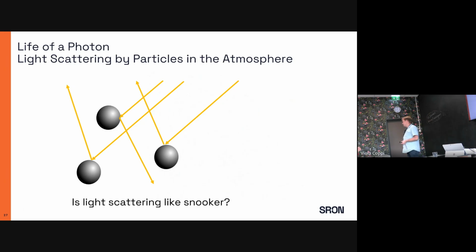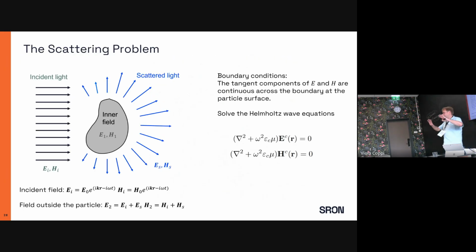It's more complicated. And we need now another theory which describes scattering, and we then use that in our radiative transfer theory to include it. How does that work? Again, only at top level, yeah? We have to go to electrodynamics. We have to solve the Maxwell equations.